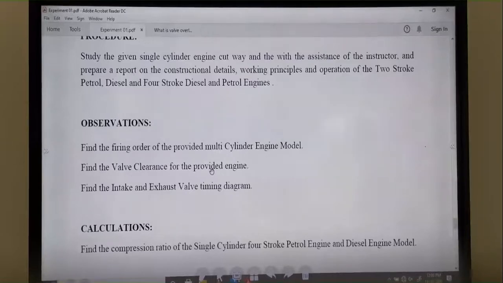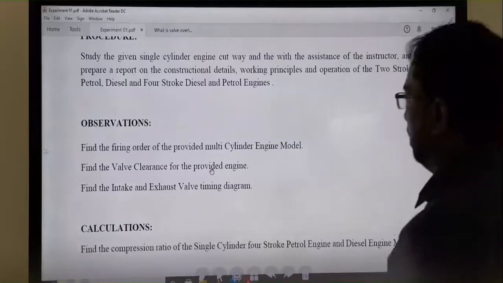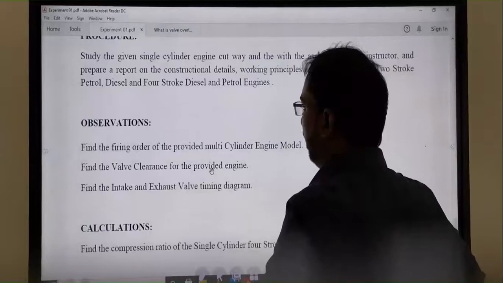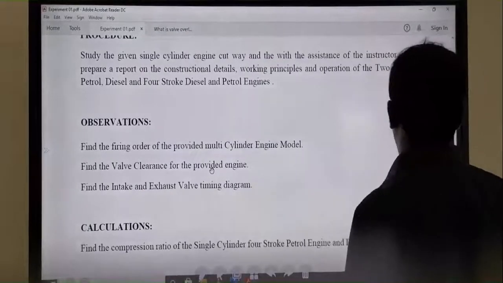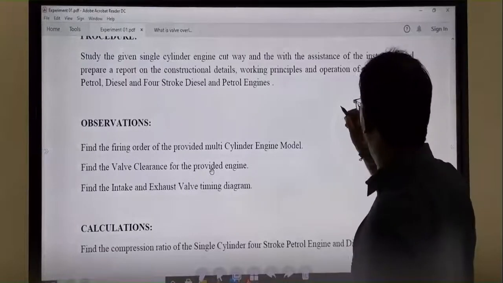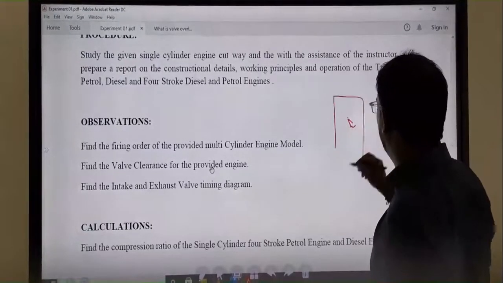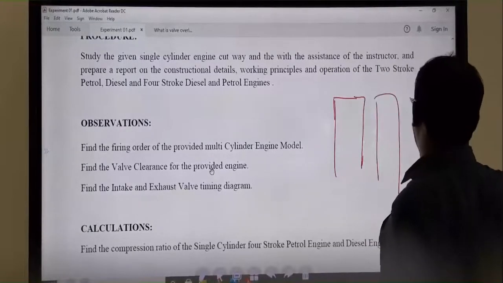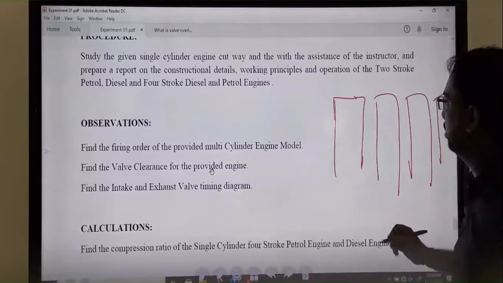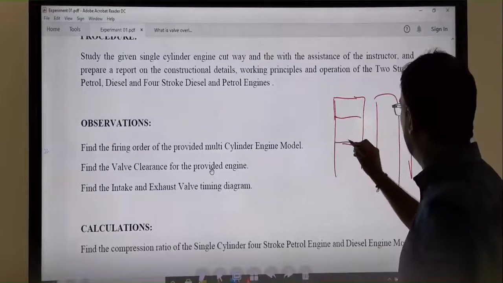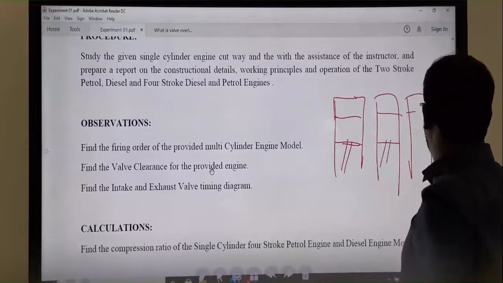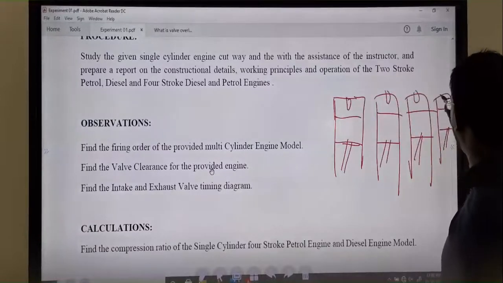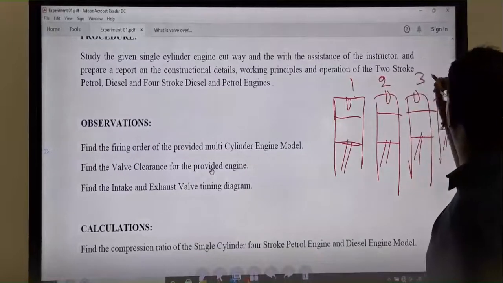So then we study about the back of the engine. First, study about the firing order. Firing order means there are 4 cylinders in the engine. The cylinders are 1, 2, 3, 4.